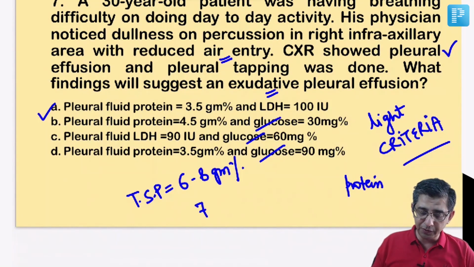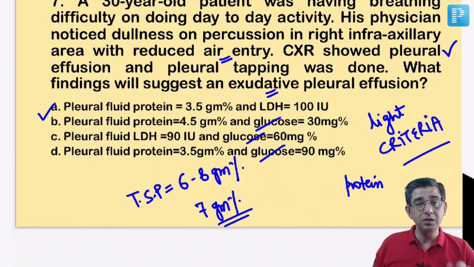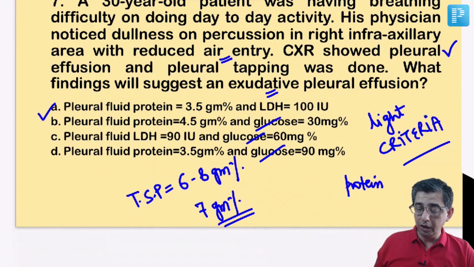Take an average of 7 gram percent, right? And if in the pleural fluid, now remember my words carefully, if in the pleural fluid this protein is more than 0.5, that's what I showed in the previous slide. I had written values of more than 0.5. If in the pleural fluid estimation the value is more than 0.5 of the total serum protein, equal to or a little more than that, it is suggestive of exudative.